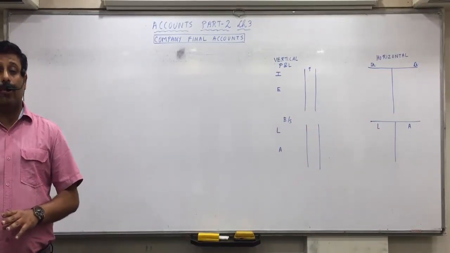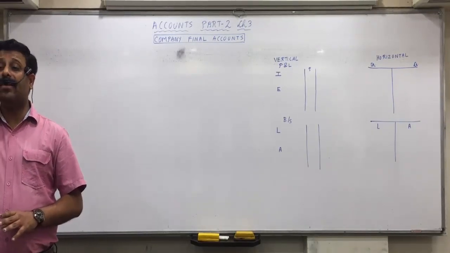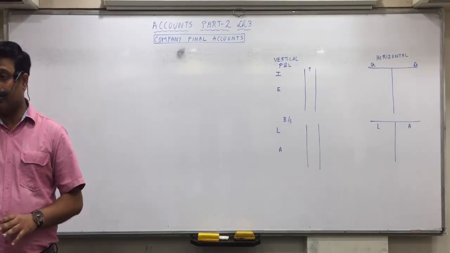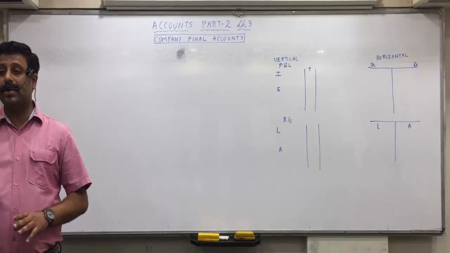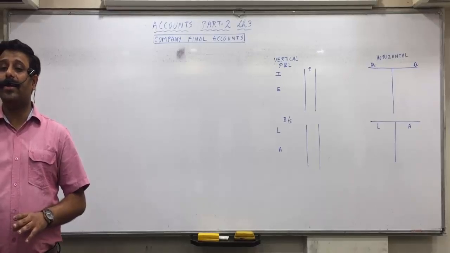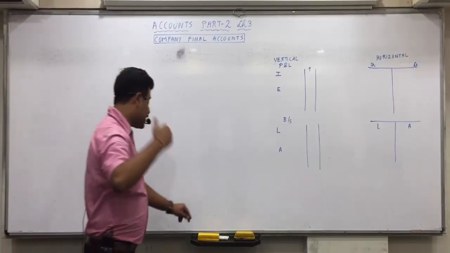Now, a little bit of history about company final accounts. The Companies Act was first passed in 1956. In 1956, the Companies Act gave Schedule 6.